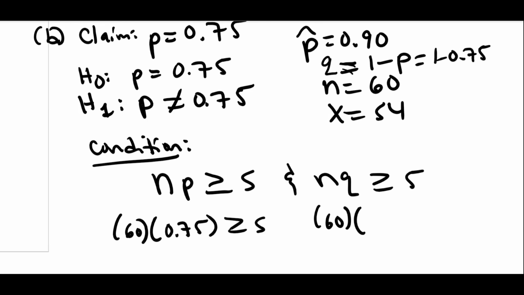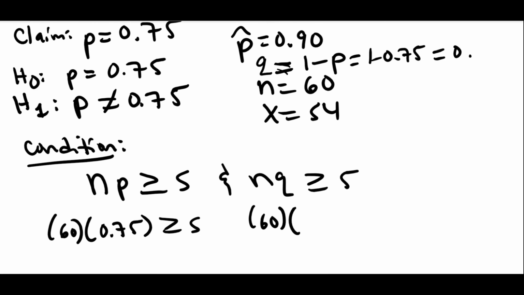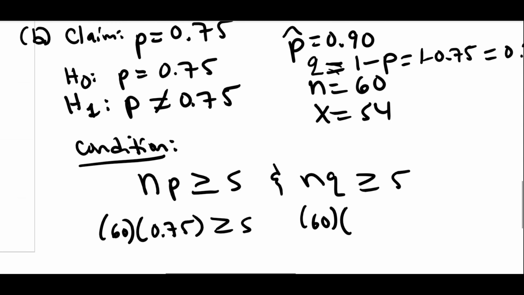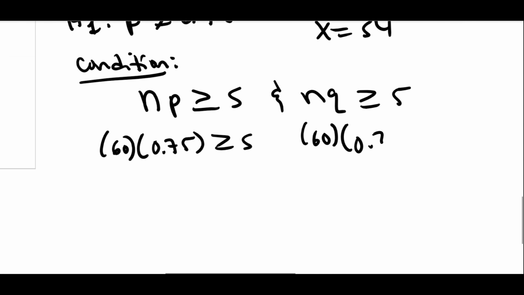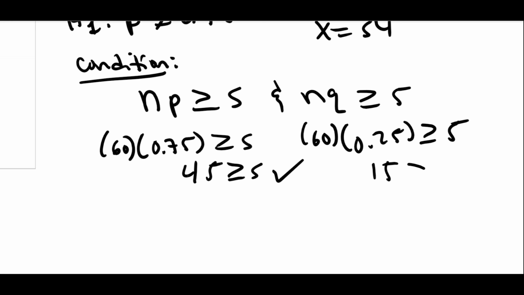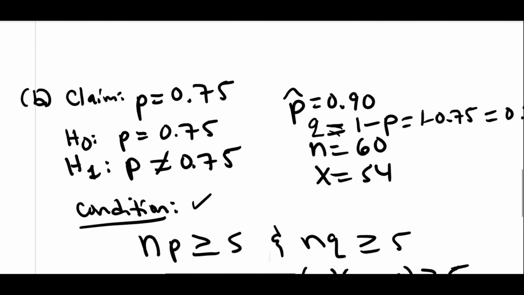If p is success, q is failure. So in this case, it's 25%. First off, we're going to see if that's true, just to see if we can do the test. I want to remind you that that's how you do it. So this is going to be 45, so that passes that test. And then for the next one, you're going to get 15, so that passes the test. So it passes both of them, which means that we can go ahead and use the z-test for a proportion.